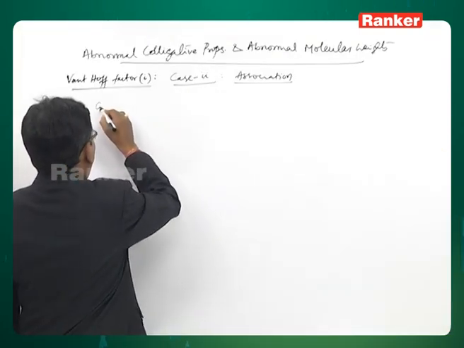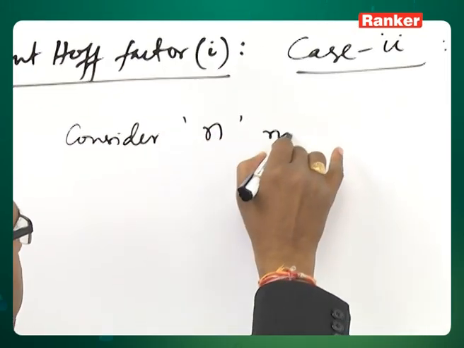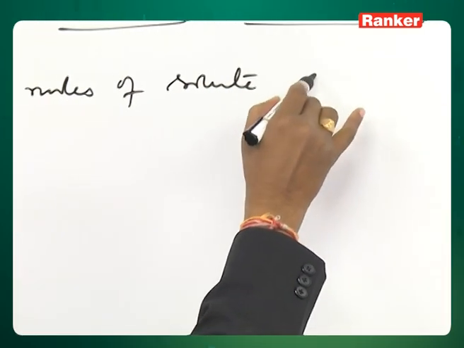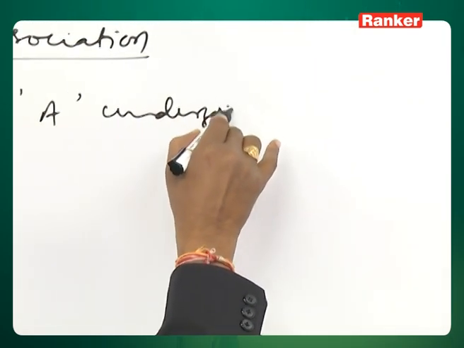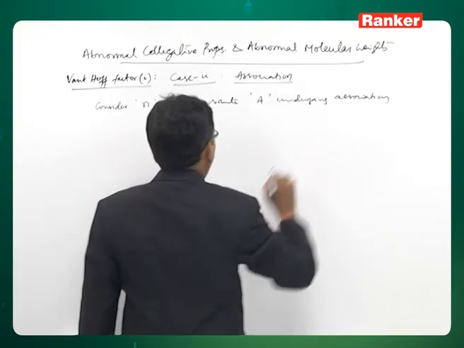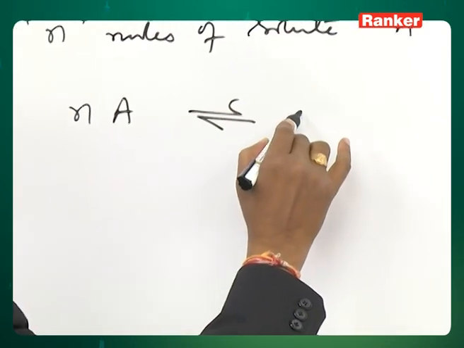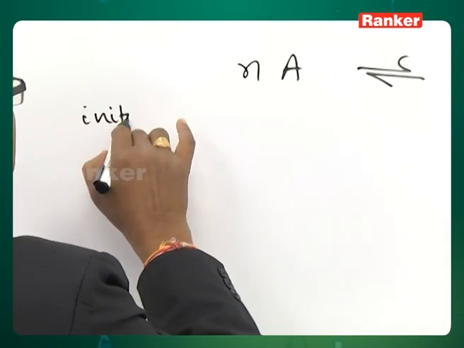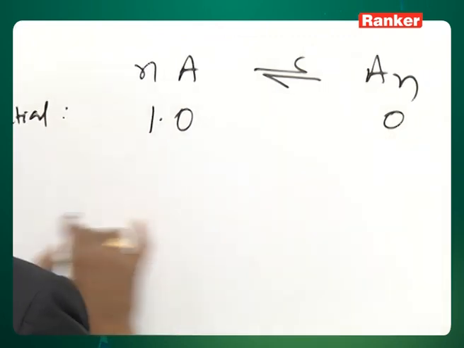Again, consider n moles of solute A undergoing association. So, nA giving An. Initially, let us take only 1 mole, and 0 of An.